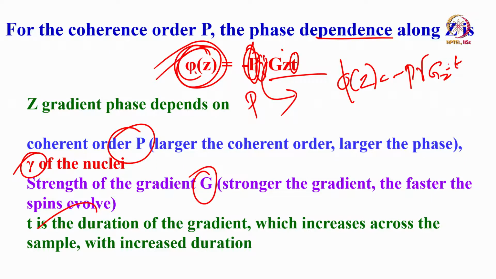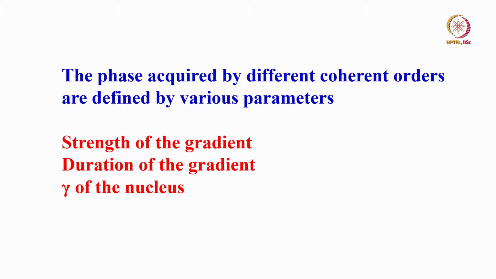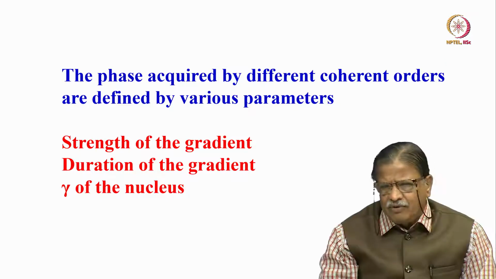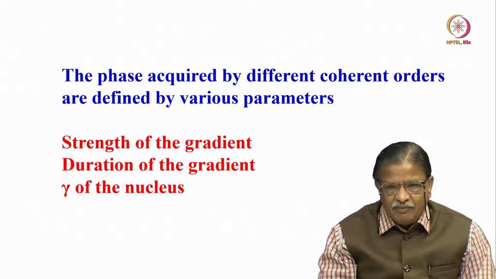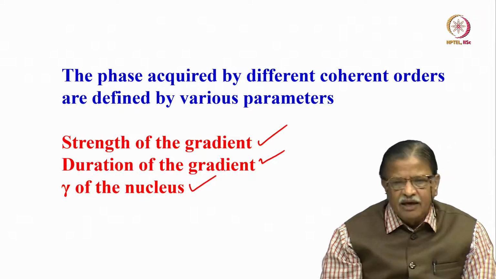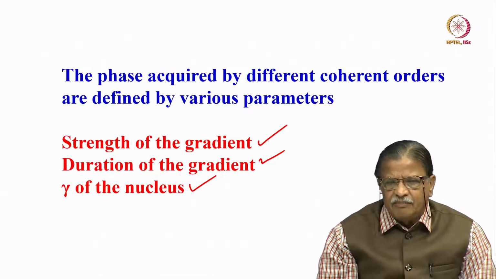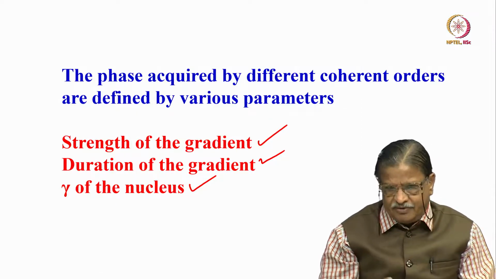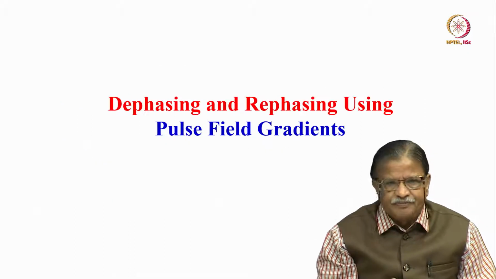That is all you have to remember. The phase acquired by different coherence orders is defined by various parameters: I can define it by strength, by duration, and by the gamma of the nucleus. These are the parameters which control the phase of the different coherence orders.